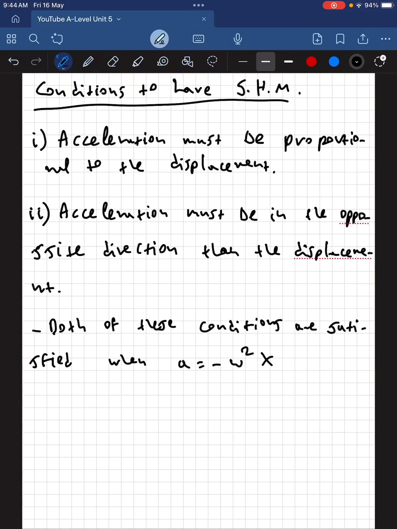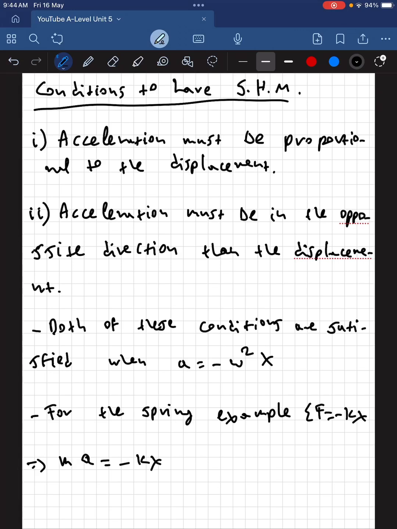So let's go see what's going on with the spring example. For the spring example that we just saw, F is minus kx, which means actually the sum of all forces in the x direction is minus kx, and the sum of all forces due to Newton's second law is m times a, and this is equal to minus kx.